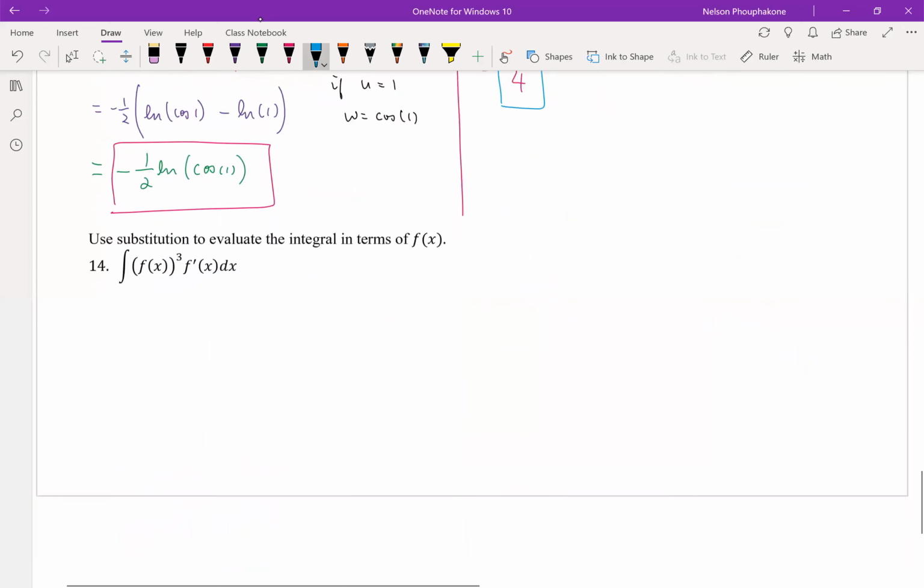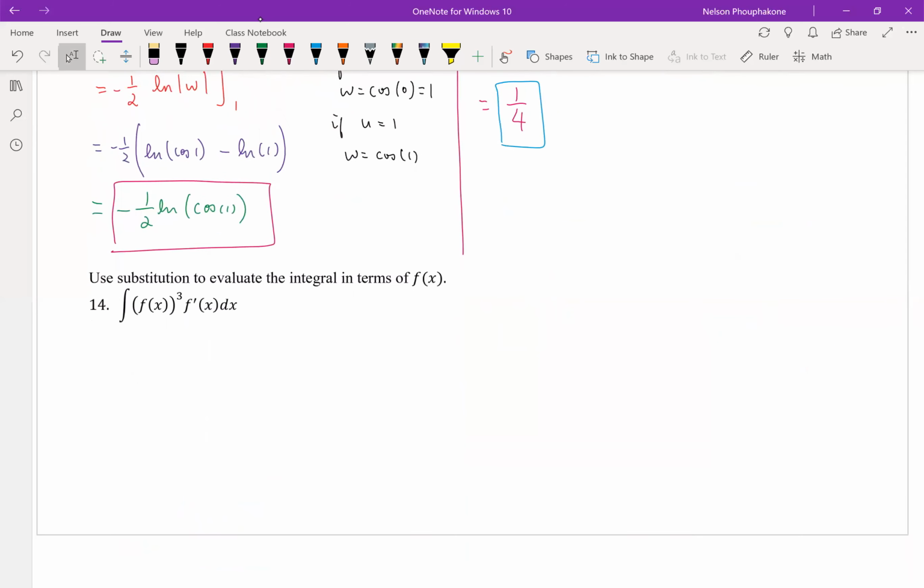Okay, so now let us look at the last problem. The last problem is to see how we actually work out a problem like this one. We have f prime of x times f of x to the power of 3, dx. Now if I use substitution, I let u equal f of x, then right away we know that du will be f prime of x dx.